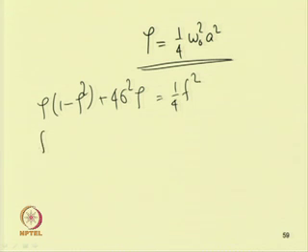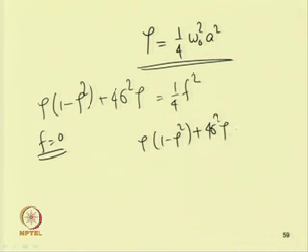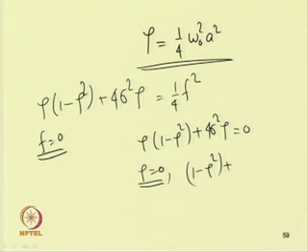So, for f equal to 0, one can see this rho into 1 minus rho square plus 4 sigma square rho equal to 0. So, in this case either rho equal to 0 or by taking common rho, either rho equal to 0 or one can have this 1 minus rho square plus 4 sigma square equal to 0.